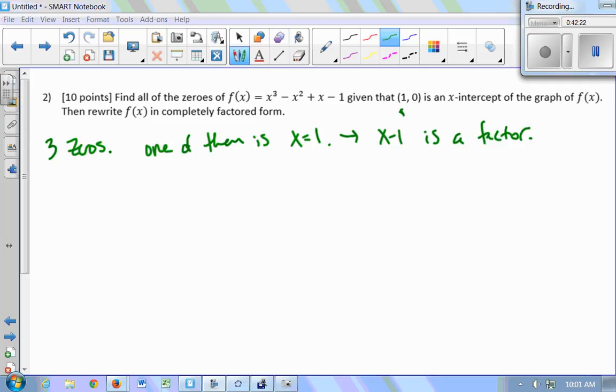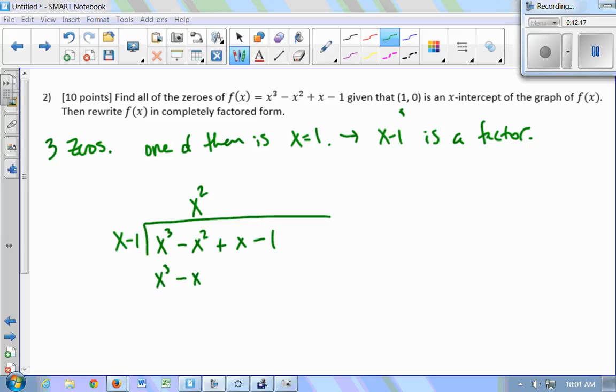So to find another factor, I can divide. I'm going to divide x minus 1 into x cubed minus x squared plus x minus 1. So look at the leading term. What do you multiply x by to make x cubed? x squared. So x squared times x is x cubed. x squared times negative 1 is negative x squared, and subtract. And that goes away, and that goes away.